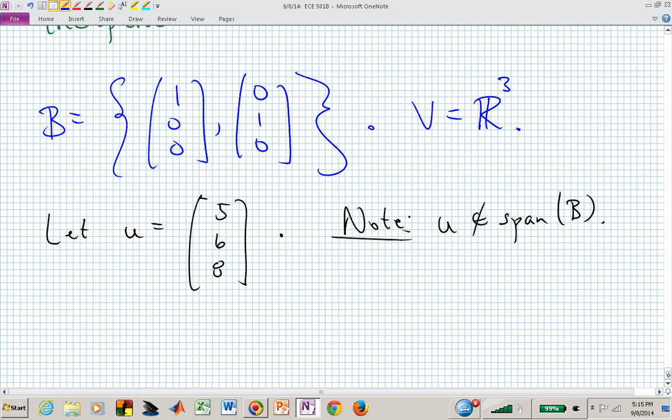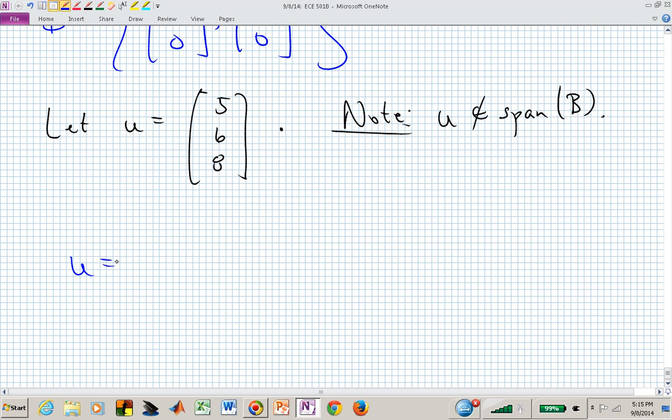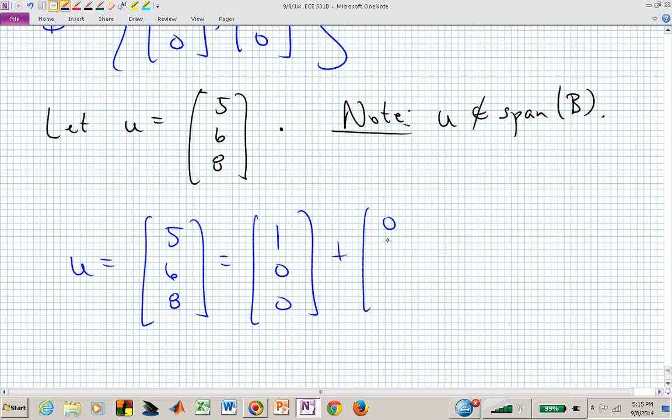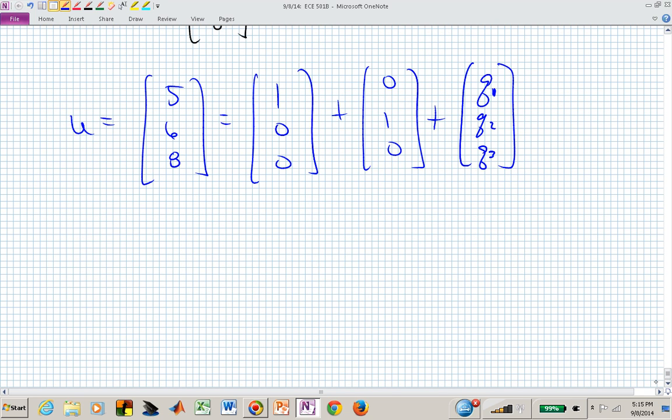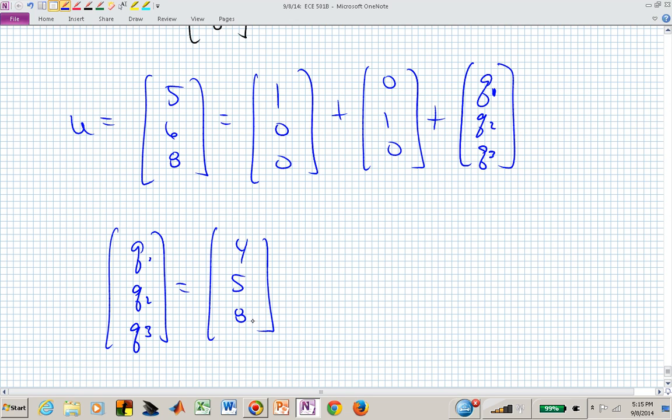Following the idea in the proof, we know that U, which is (5, 6, 8), is equal to V1 plus V2 plus Q. And now what's Q? That's not too hard to find. That's now (4, 5, 8), isn't it?